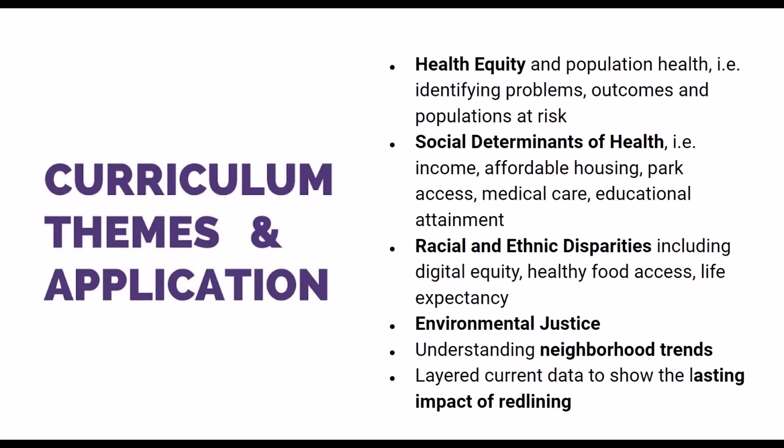Especially within the past few years, we're looking at data related to racial and ethnic disparities, and we can talk a little bit about how there is data that has been disaggregated to show different data points or indicators by specific race or ethnic groups. We'll talk a little bit about environmental justice and understanding neighborhood trends.